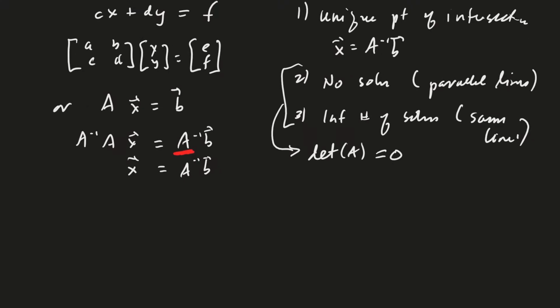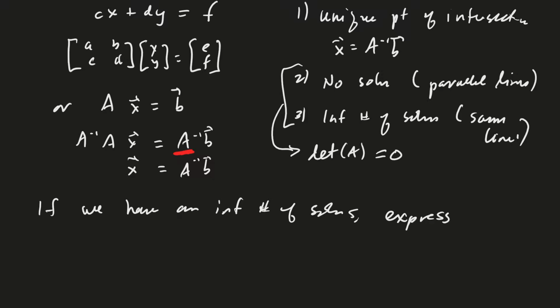So in the case that we do have an infinite number of solutions, let's go ahead and talk about that. If we have an infinite number of solutions, express them in parametric vector form.